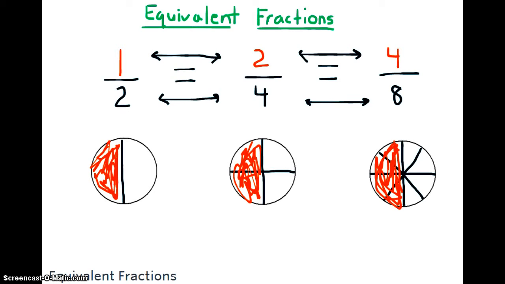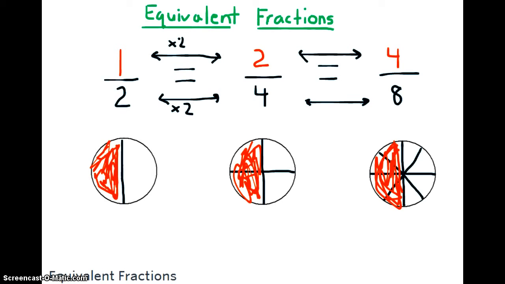So if I were to take 2 and multiply it by 2, I would get 4. You can see in the top I also multiplied 1 by 2. And this gave me 2 fourths. 1 times 2 is 2. 2 times 2 is 4.